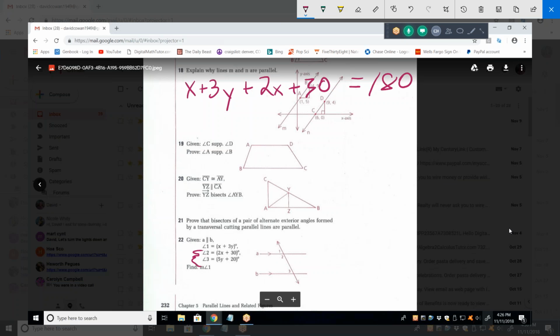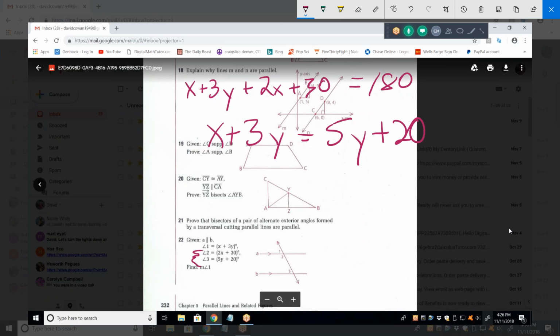So minus 30. And then angle 1 has to be equal to angle 3. So that would be x plus 3y equals 5y plus 20. Now let's see.